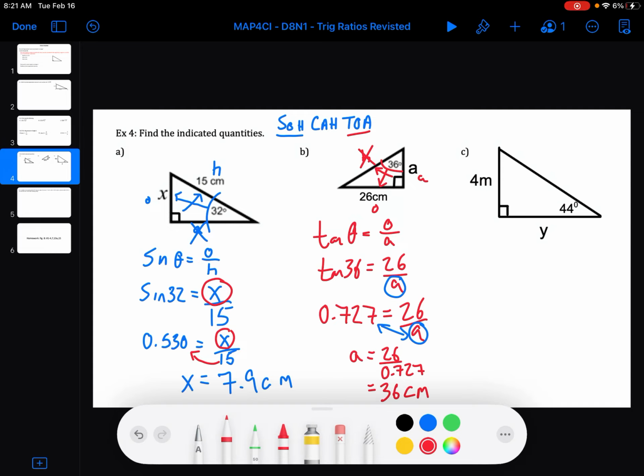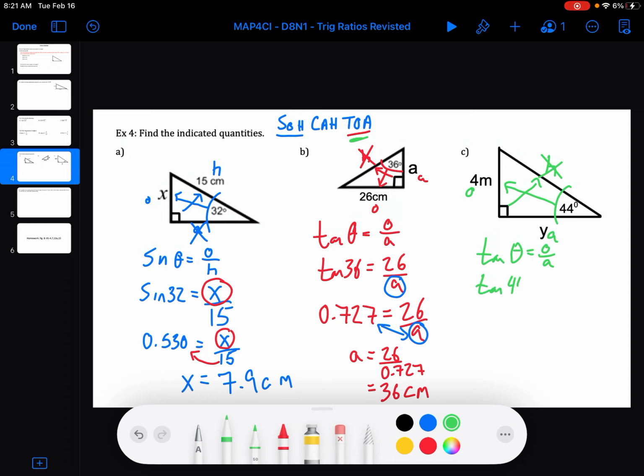And then last but not least, here we're going to go hypotenuse, because we can label that before our angle. We know we're dealing with that angle, so across from it is opposite. And here we have adjacent. Again, there's no hypotenuse, so we're using opposite and adjacent. Theta is opposite over adjacent.